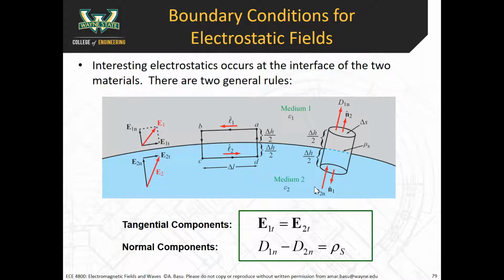Does anyone remember what happens when light hits an interface? It bends, it refracts. Why does it do that? It's because the two materials have different dielectric constants. If you look at the classic example in physics, you shine a laser and look at it bending between air and water.